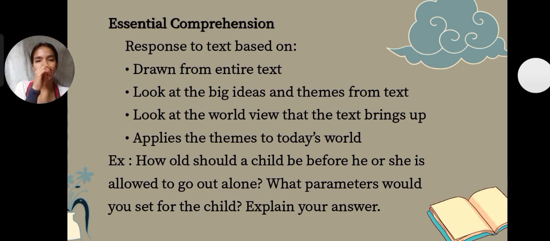Explain your answer. So here in essential comprehension, every story has its perspective themes. So using those themes, you have to answer the questions by applying the themes to today's world, to the real world. So here an example: how old should a child be before he or she is allowed to go out alone?